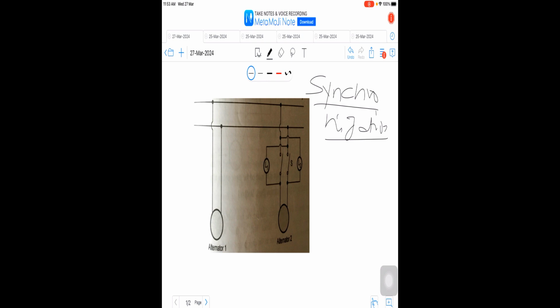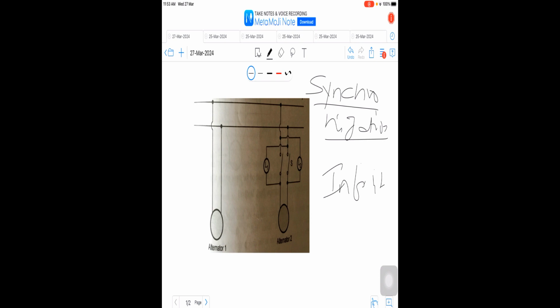Generally, the machine which is being synchronized is called the incoming machine. If an alternator is connected to a bus bar which has many alternators already connected to it, then no matter what power it is supplying, the alternator is said to be connected to an infinite bus bar.